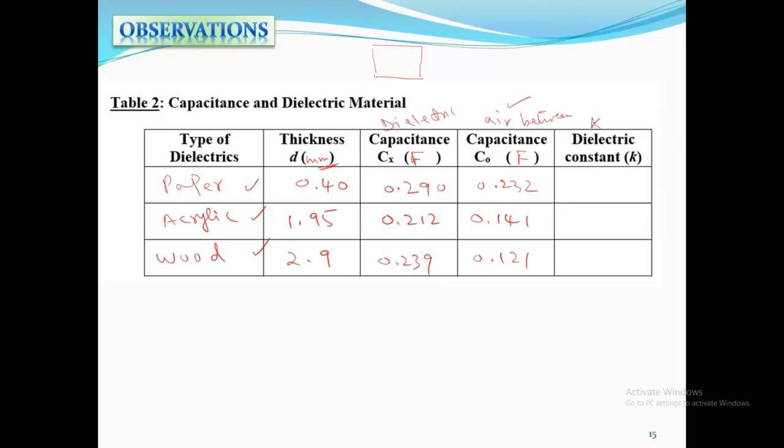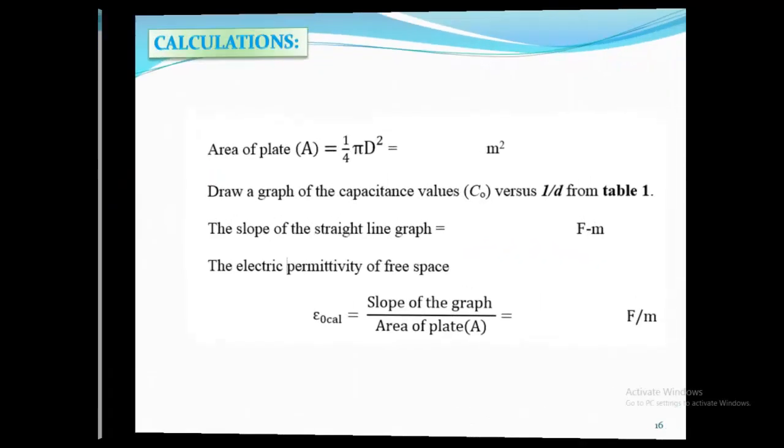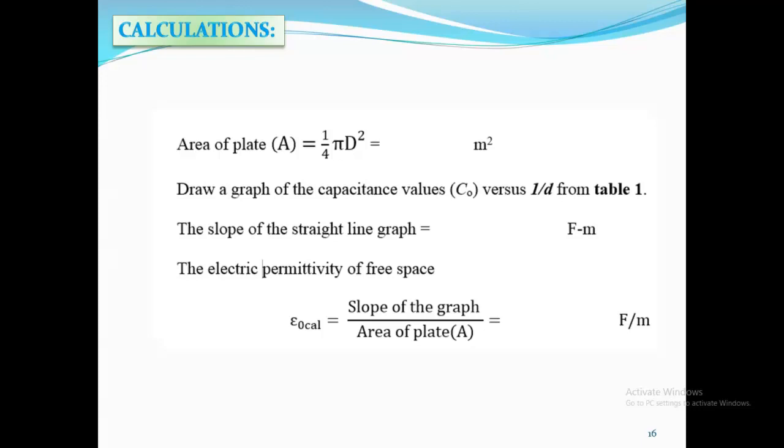Dielectric constant K is equal to Cx over C0. Cx this one, and C0 this much. You will calculate by yourself, please. Now, as I told you, I already measured the diameter for you.